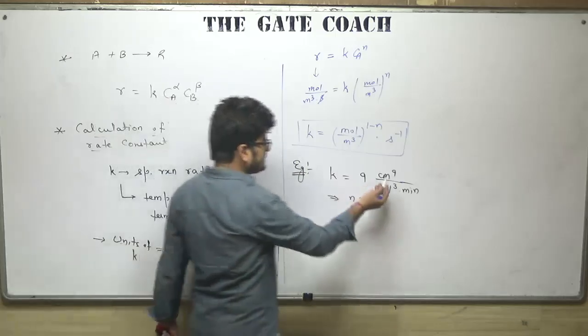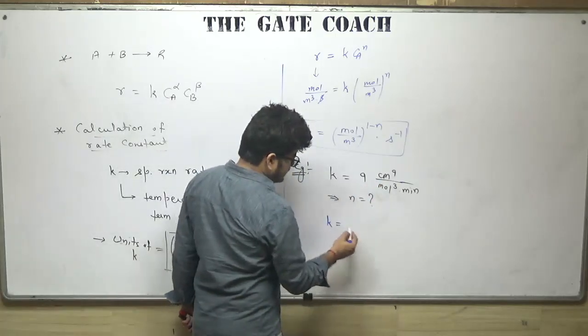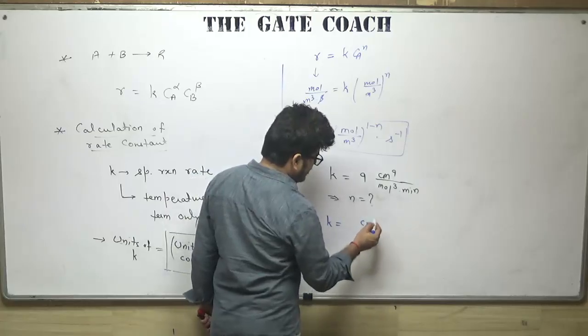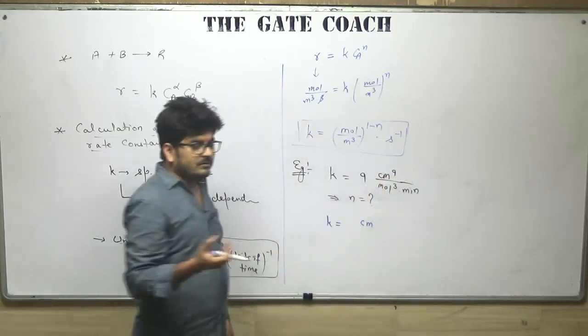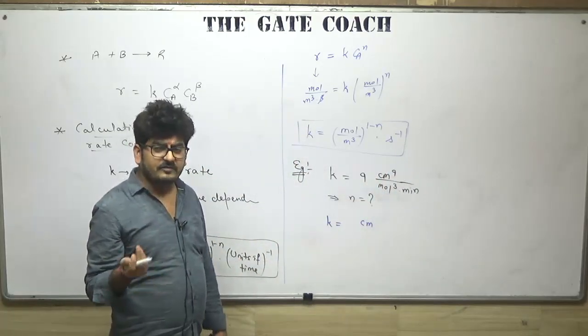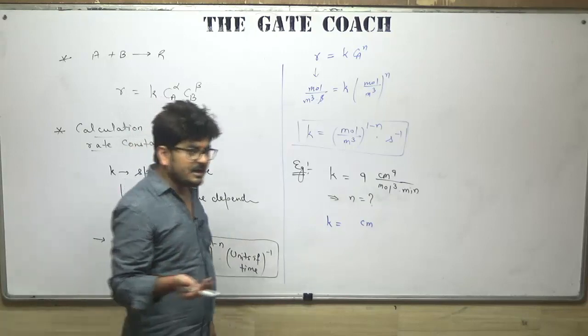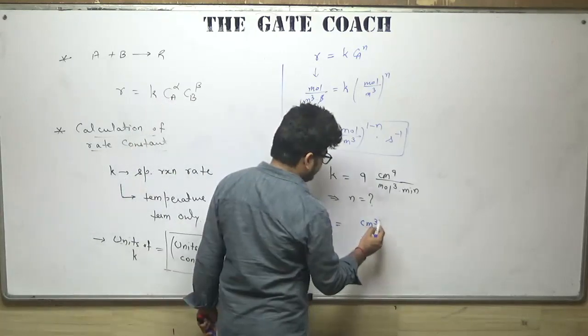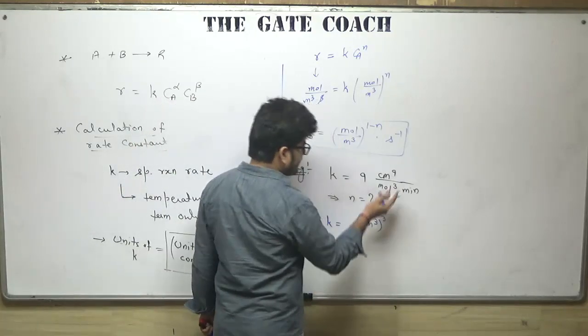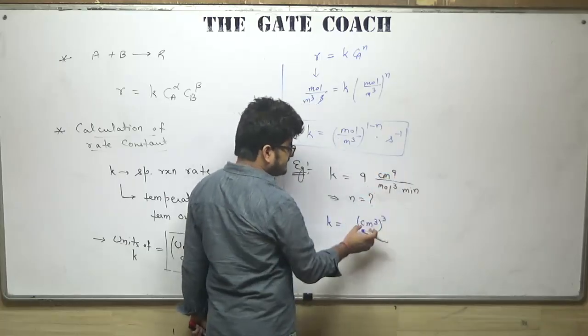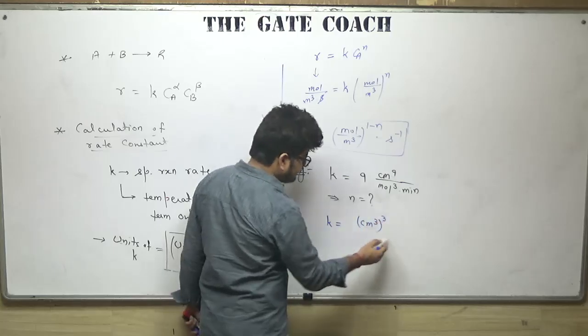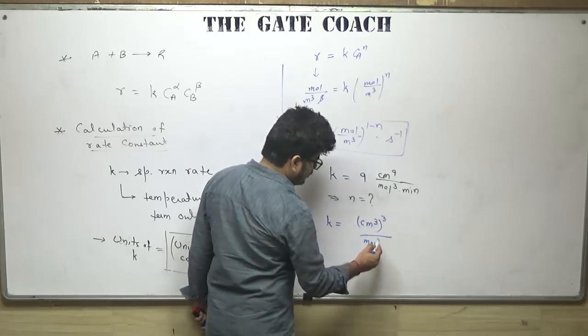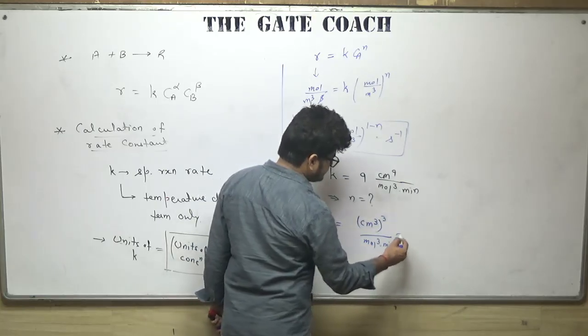So from the units, we have centimeter power 9. The unit of volume in terms of centimeter is cubic centimeter. So I can write this centimeter power 9 as cubic centimeter power 3 over mole cube per minute.